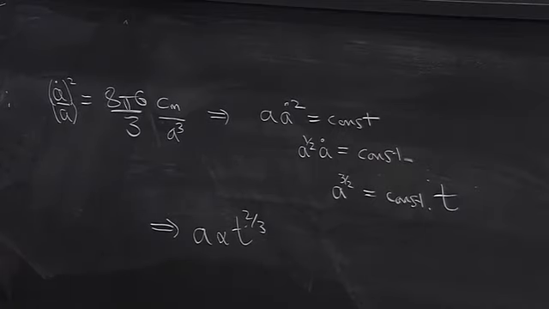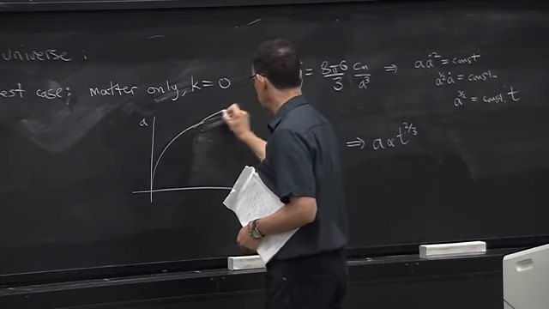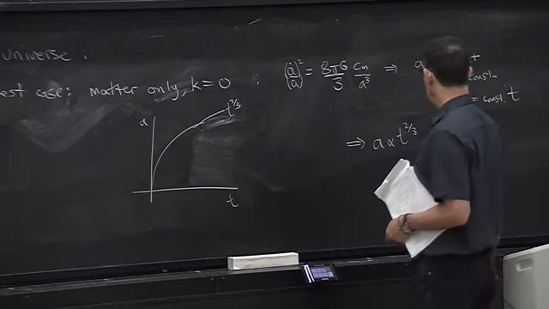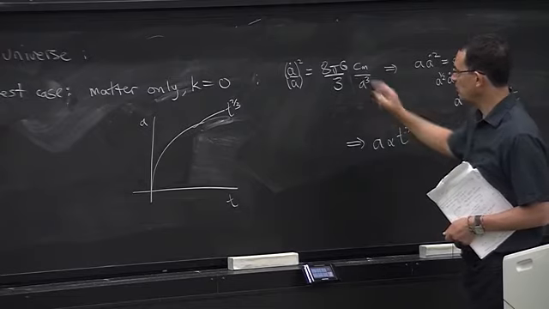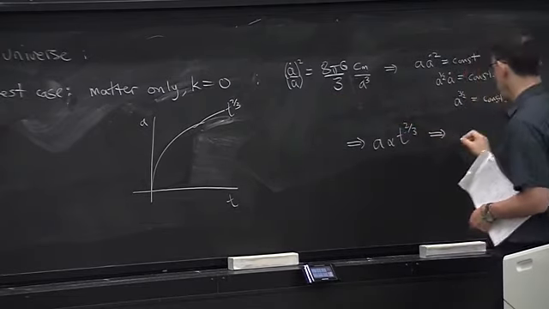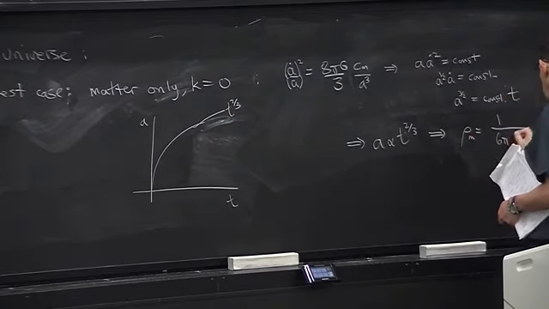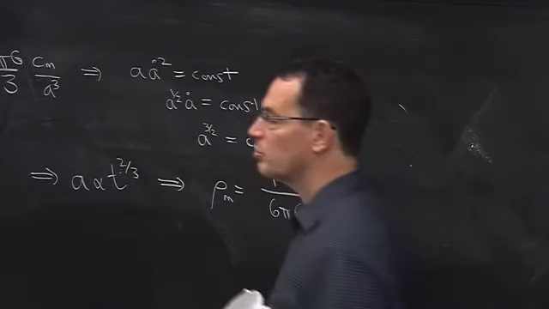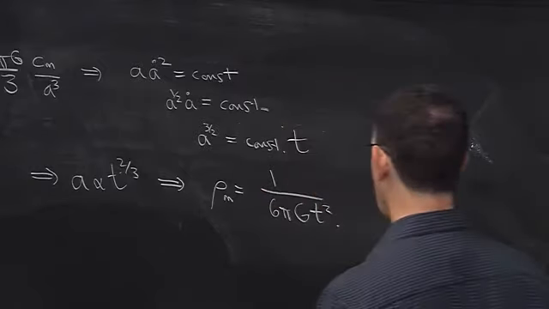It looks like t to the 2/3, which basically does this. Now if I know that a goes like t to the 2/3, I can actually predict the matter density. I'll just plug it into this equation, and you can see that rho matter is 1 over 6 pi G t squared. So at a given time, you can predict the matter density in terms of the time.